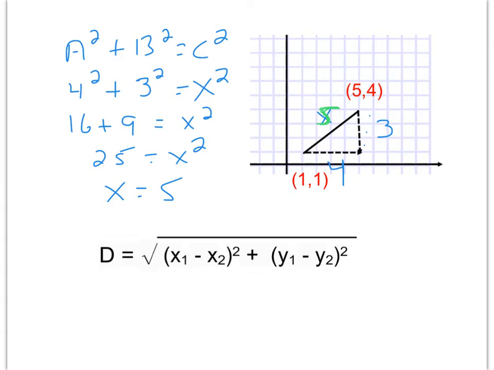So I can write that in the distance formula: 5 minus 1, which of course is 4, plus the distance of my y. The distance of my y's right here was 4 minus 1, which is 3, so I'm going to write that.